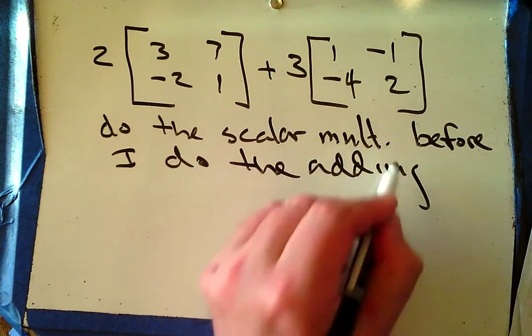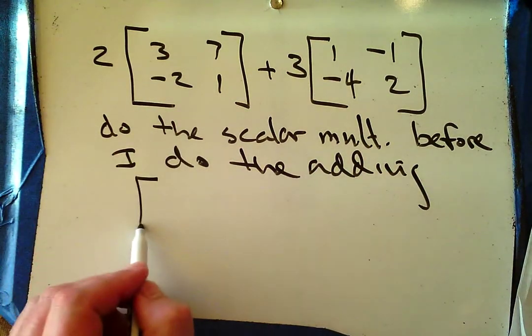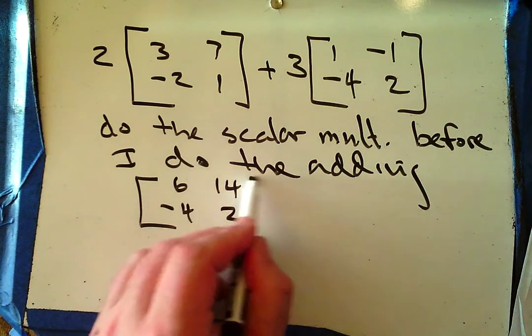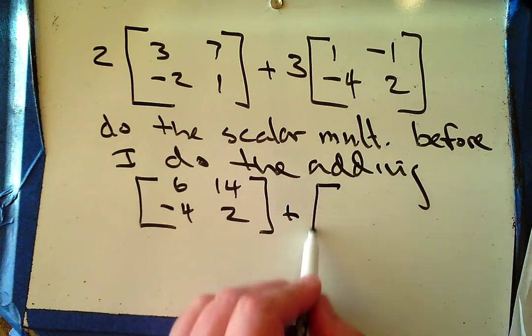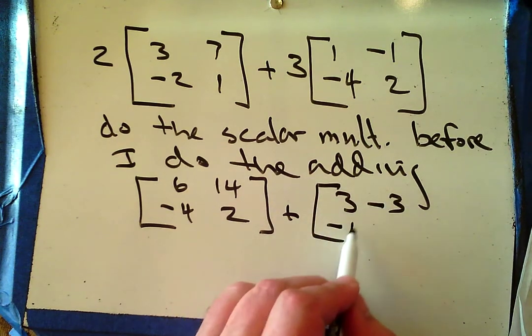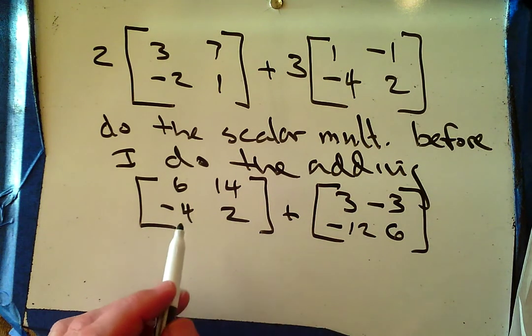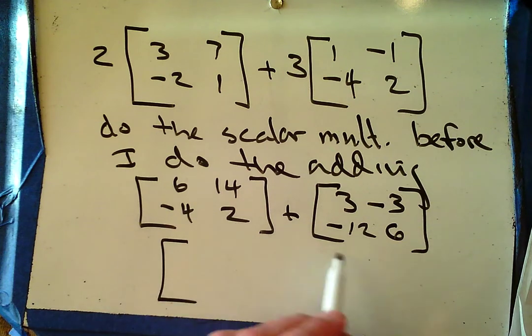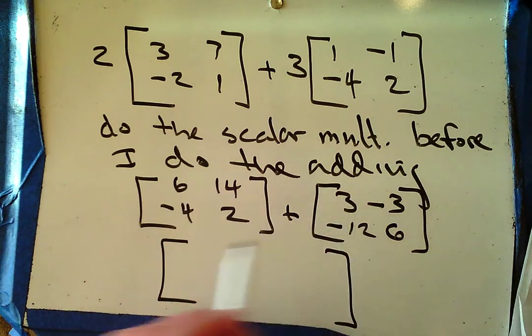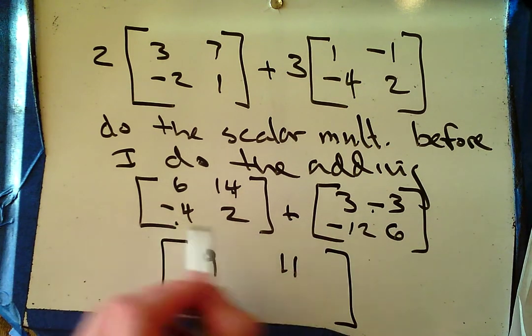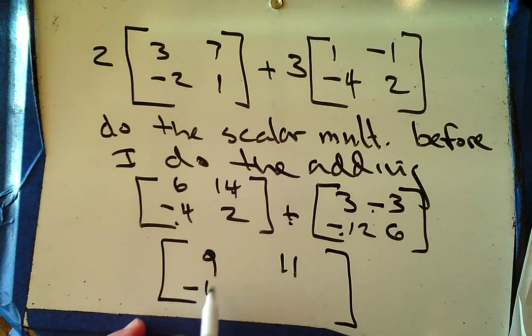So let's apply the scalars, and we'll end up with 6, 14, -4, 2, plus 3, -3, -12, 6. And now we can carry out the adding by adding what's in the corresponding cells. So we're going to have 6 plus 3, 14 plus -3, -4 plus -12, and 2 plus 6.